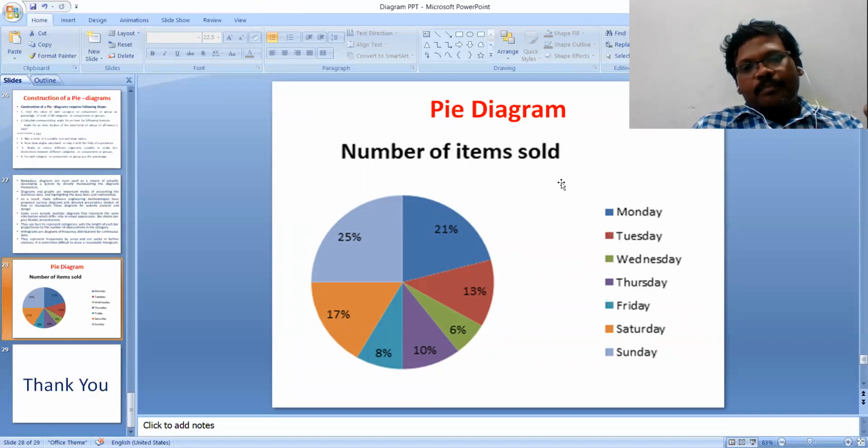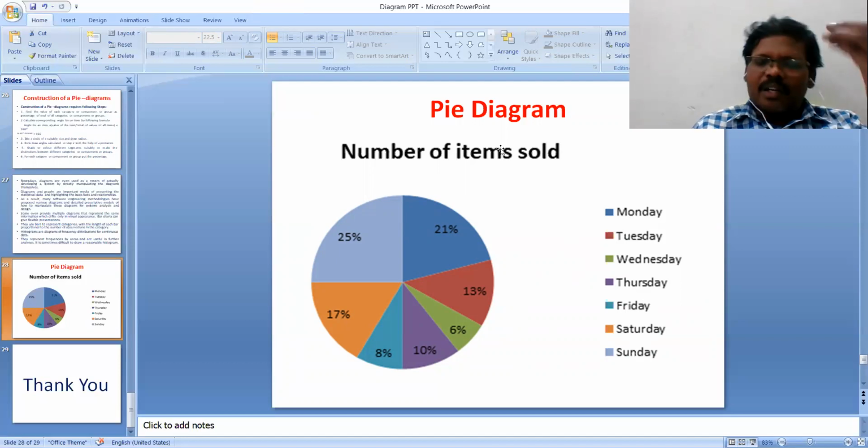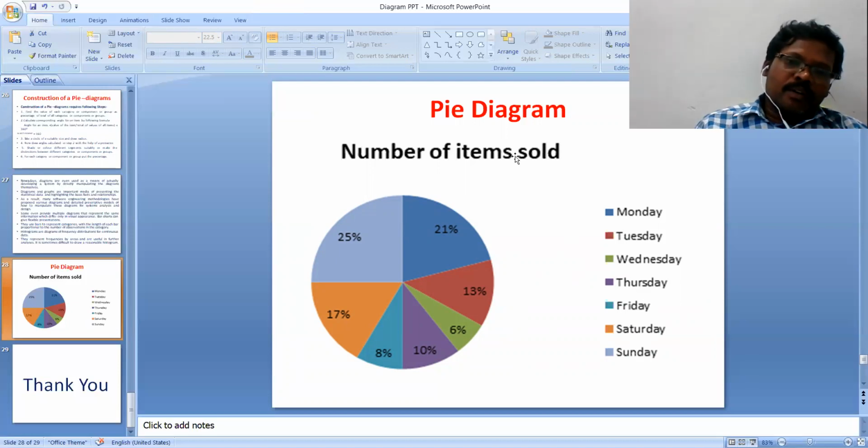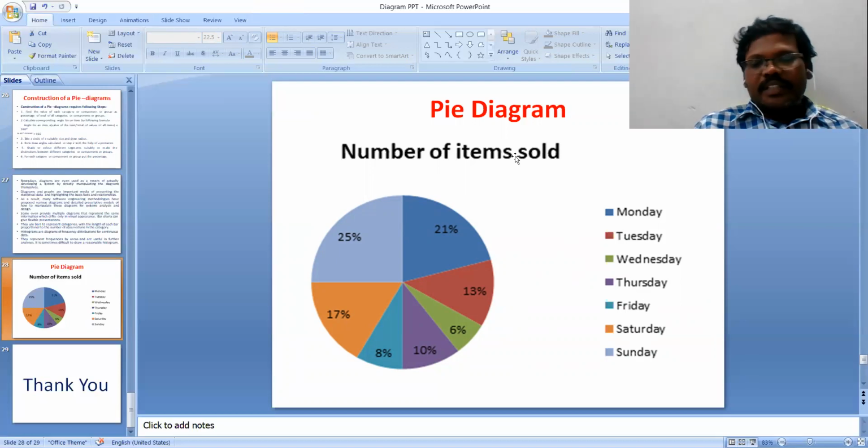Suppose 200 commodities are there, and on Monday 42 commodities were sold. So 42 divided by 200, into 360, gives you an angle of about 76, and in percentage terms it is 21 percent. Like that, we calculate for each and every aspect in this pie diagram.